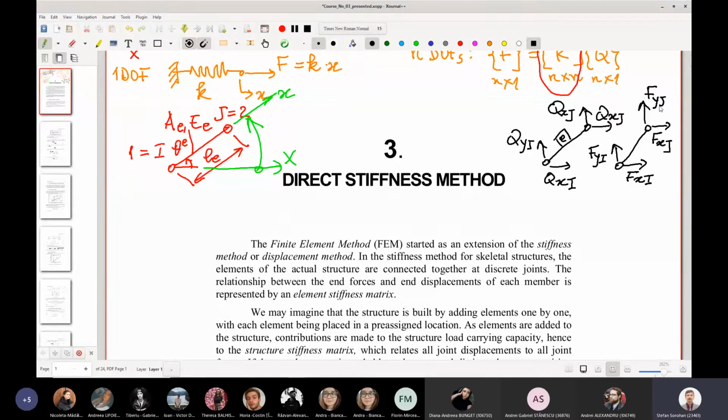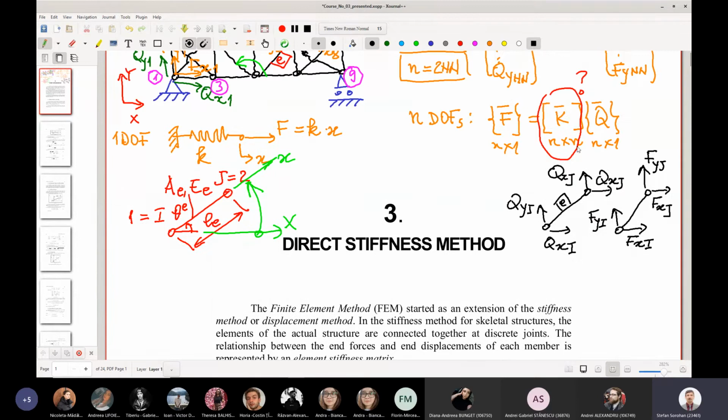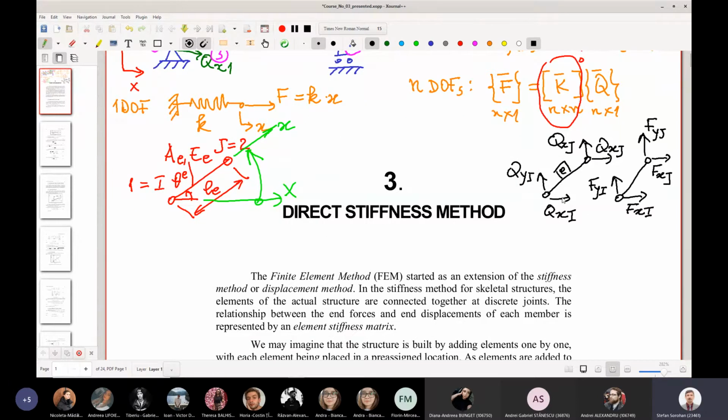And the idea is, okay, if it is possible to write something like that, in this case we have only 4 degrees of freedom per element. And we can build a new vector, let's say Q for a particular element. In this case, this one will be Qx, Qy, Qx, Qy for the nodes I and J. As you can see, it's easier to write Qx1, Qy1, so please keep in mind this rule here.